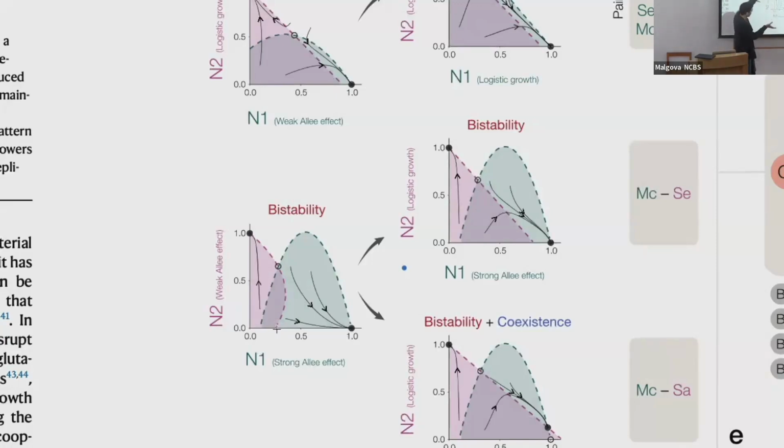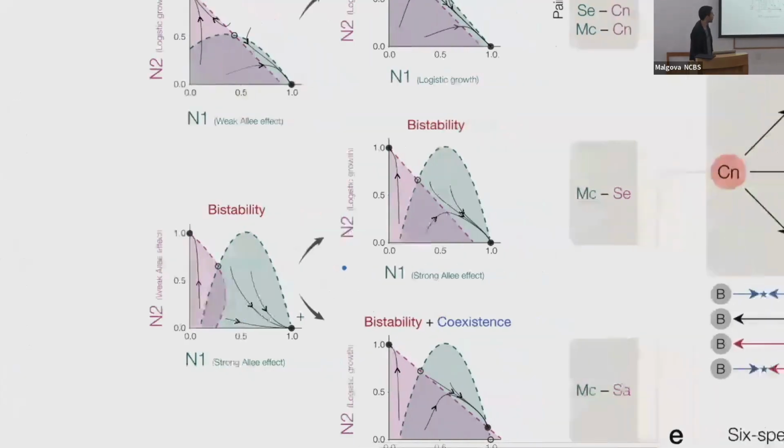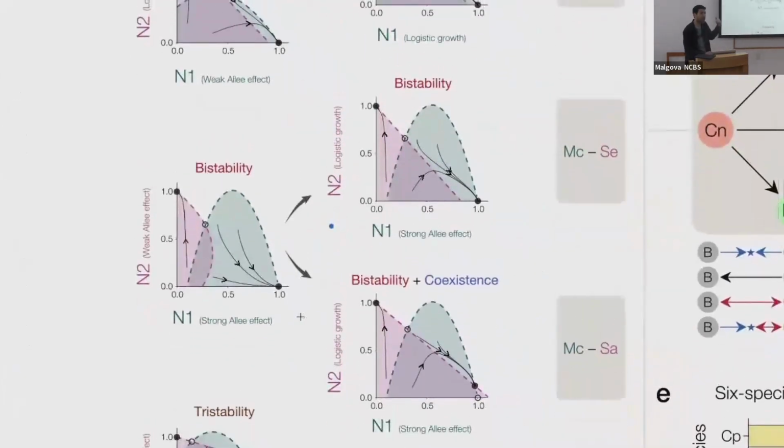If we shift our perspective, the crossing here should be positive if the Allee effect was strong. What this species has is a negative Allee threshold, and the parabola doesn't cross the axis in this way. So here we have a weak Allee effect and a strong Allee effect, and we observe different ways in which these change the competition after we reduce the Allee effect.